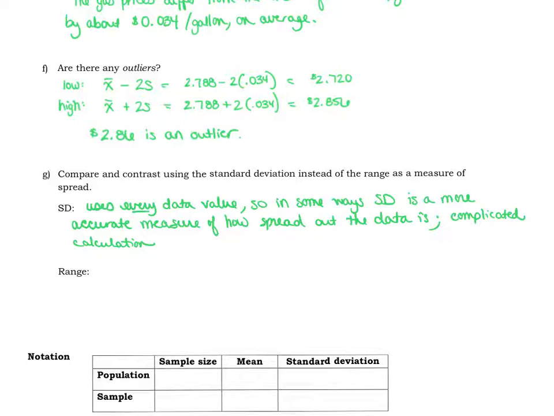Range, again, kind of the downfall. It uses only 2 data values, the maximum and the minimum, the high and the low. So you can look at this as a quick and dirty measure of the spread of data.